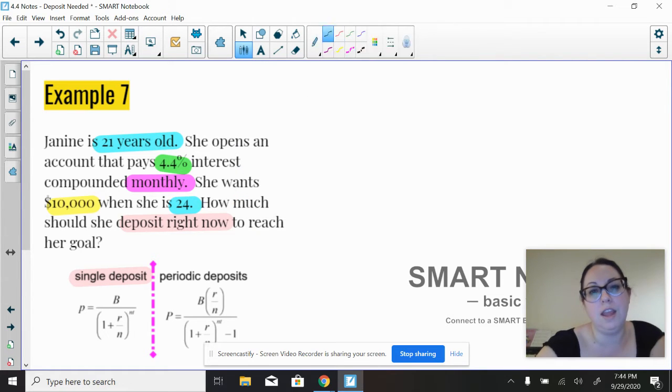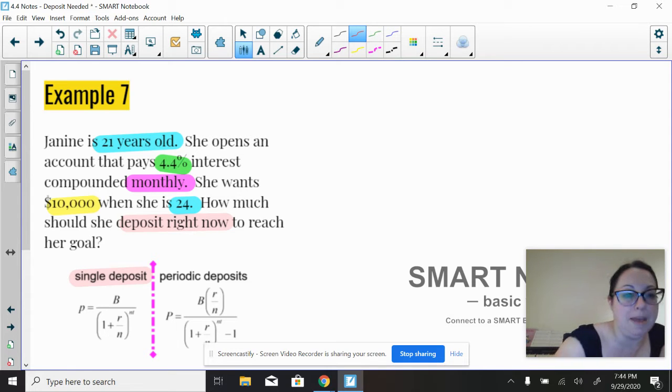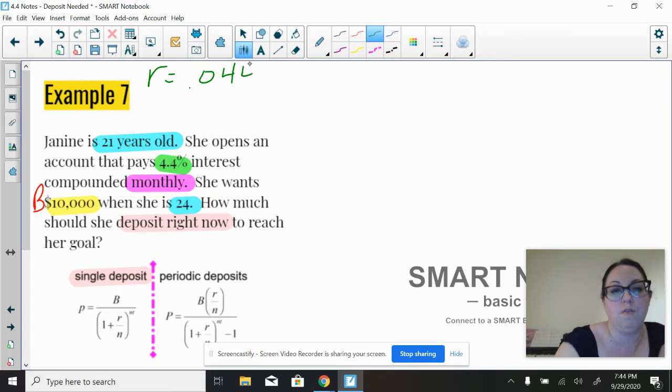Okay, here's what I have. I'm going to go ahead and label my balance. That account balance we want is 10 grand. And I'm going to break down everything else. My rate: when I divide that 4.4% by 100, I'm going to get 0.044. Sorry, that's a really small decimal.